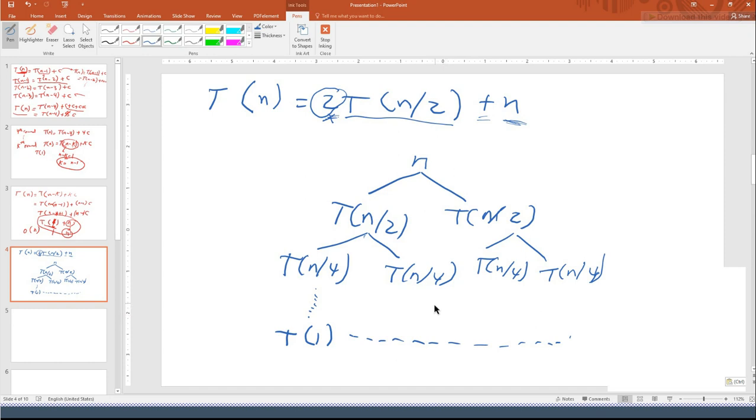Okay. So how much work do we have there? See, the total amount of work done at each level, we have different levels. Here we have done n, and this level is repeated n times.